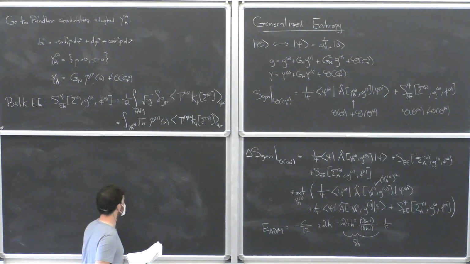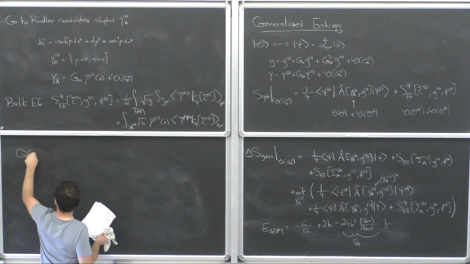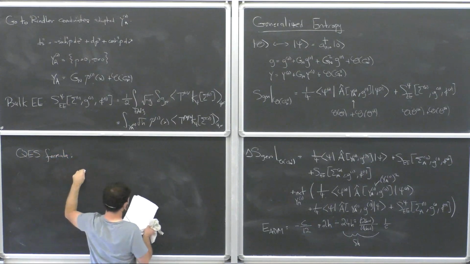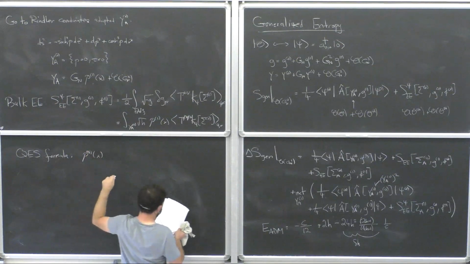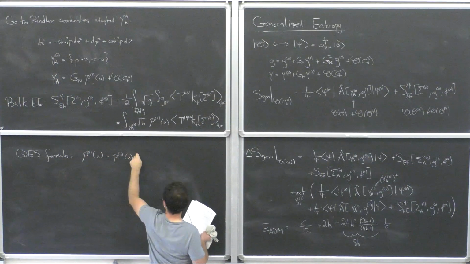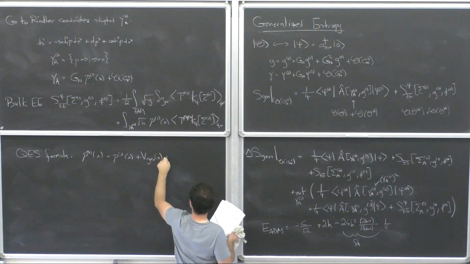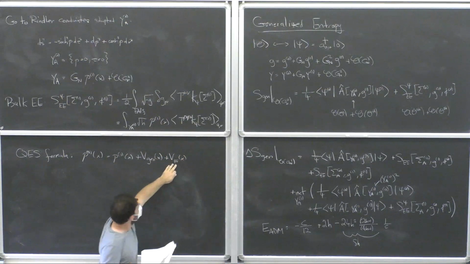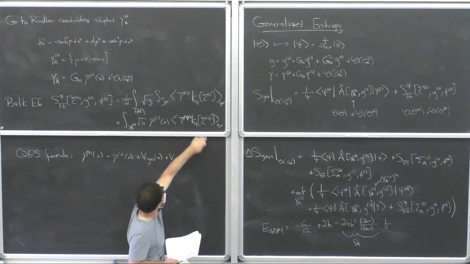Okay, so when you do this, you get the following formula for the quantum extremal surface. So this piece here, which I'm calling the entanglement entropy potential, is just this piece.